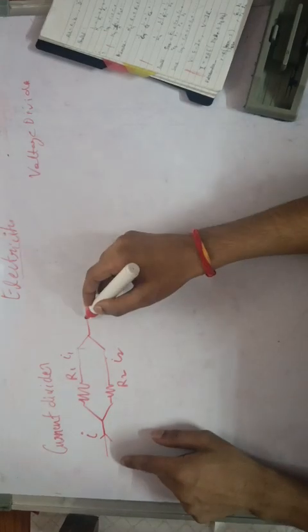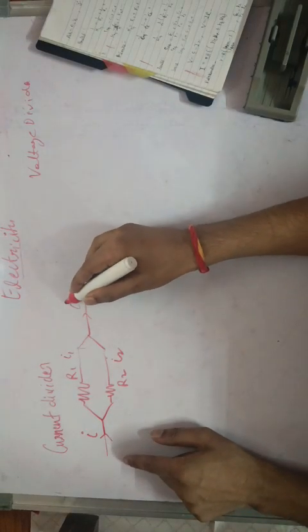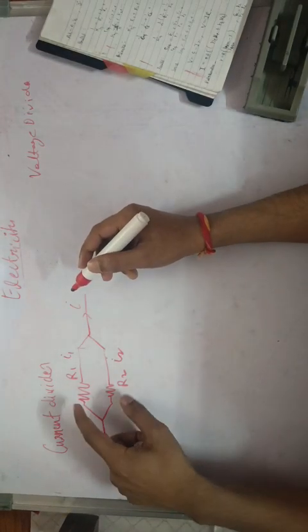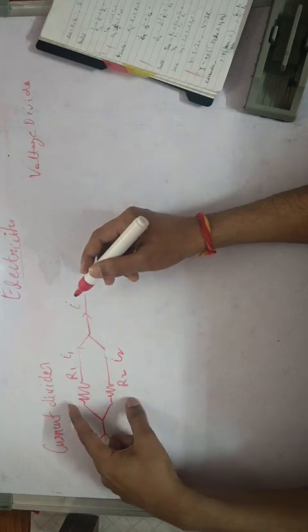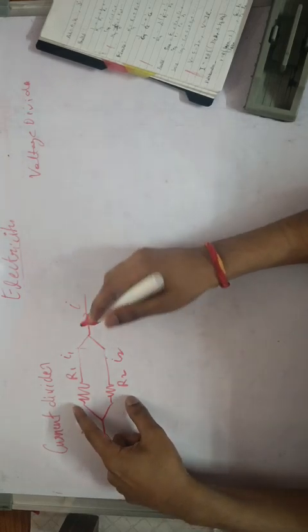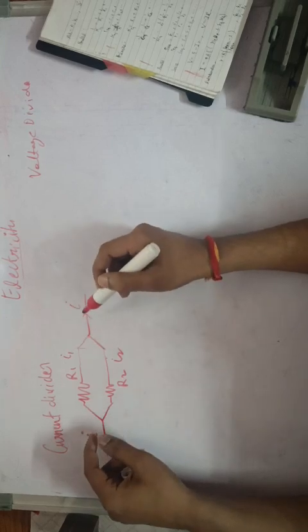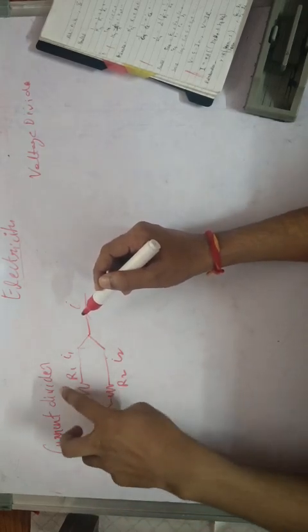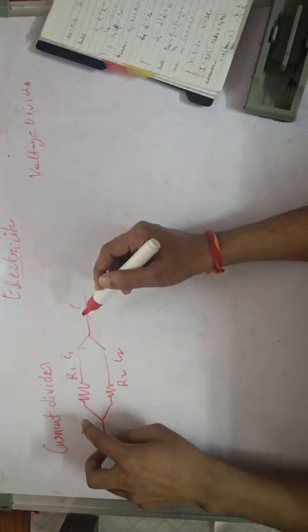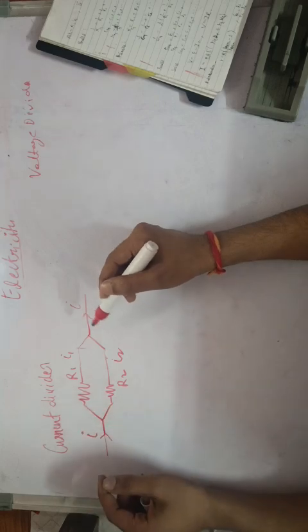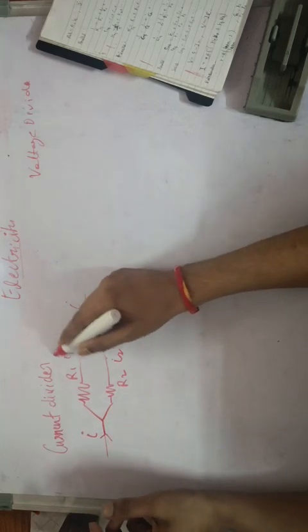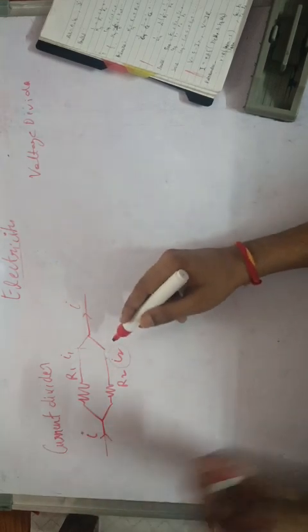So let's say the I current is flowing like this, and I put two resistors in the circuit, in between the circuit in the path, and they are added parallelly. So there would be current divided in these two resistors. And what would be the value of I1 and I2 in this case?